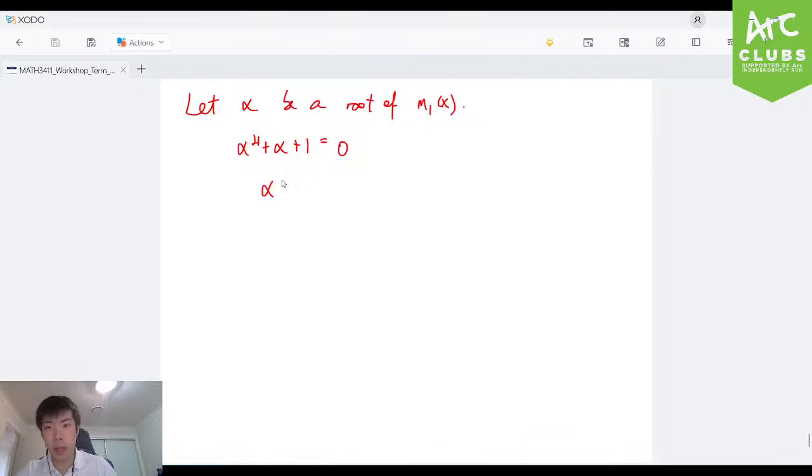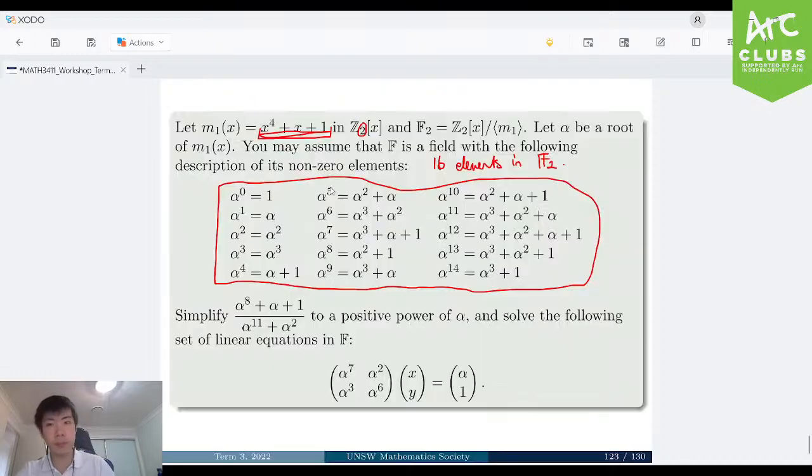And in other words, alpha to the power 4 will be congruent to alpha plus 1 mod 2. Right? You may be wondering why the negative sign's gone. Well, that's because under mod 2, negative 1 is congruent to 1.